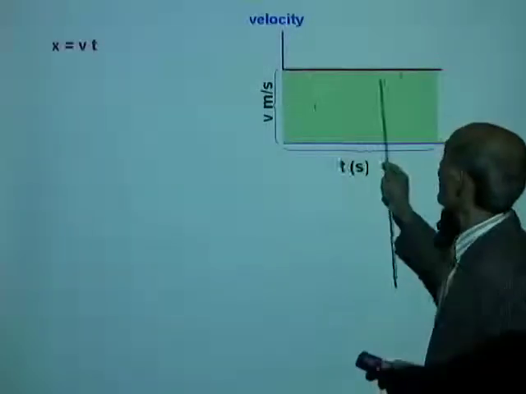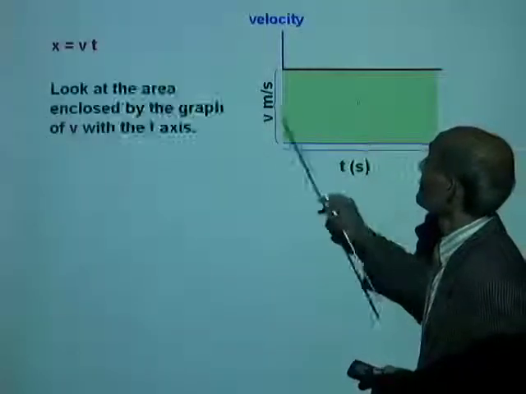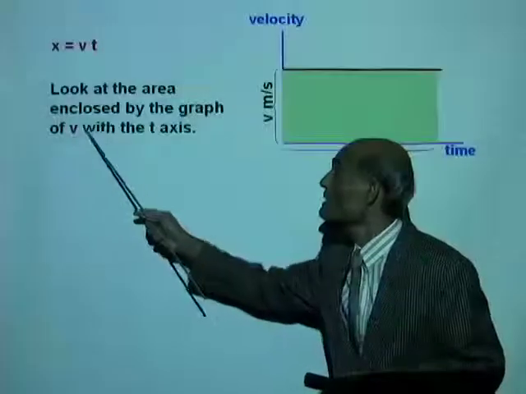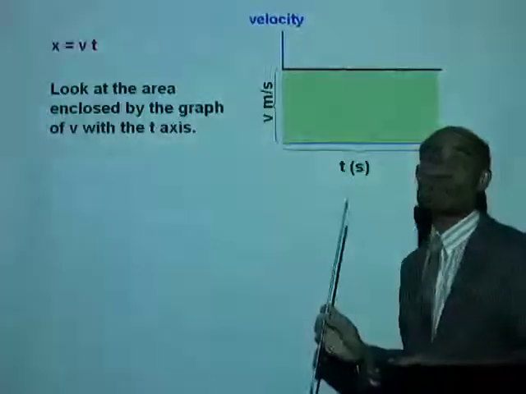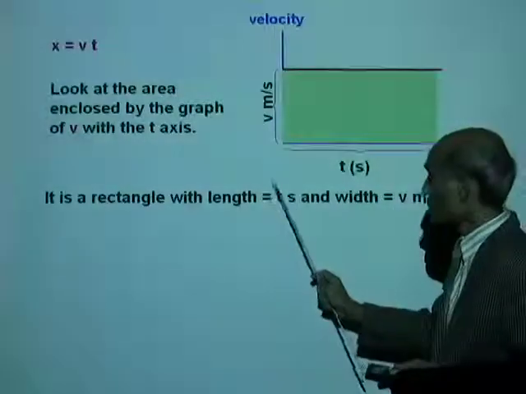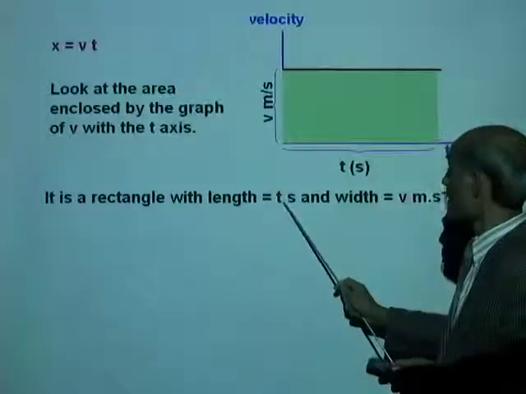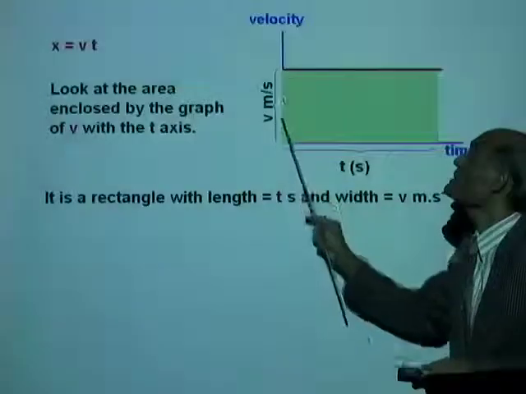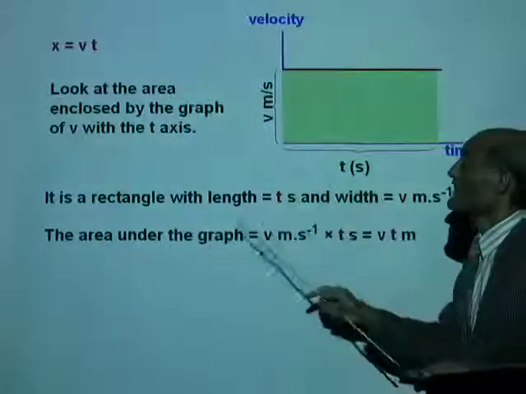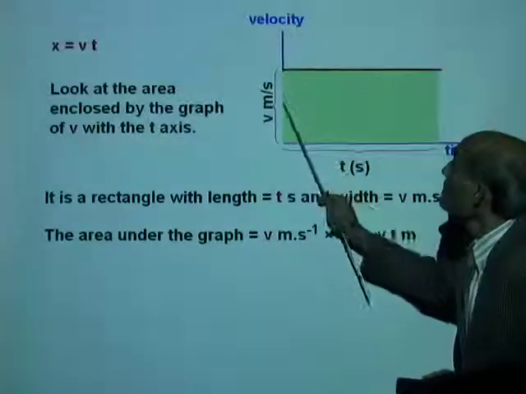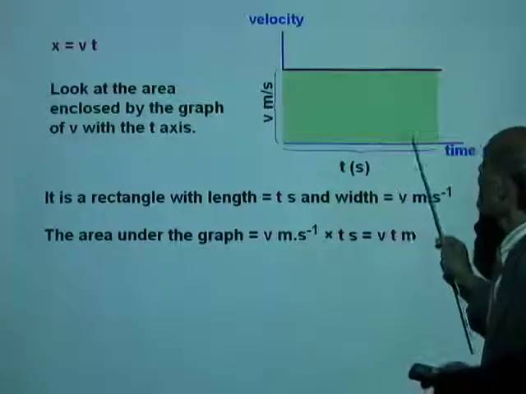So if this is the velocity time graph, the area enclosed by the graph of v with the t axis is a rectangle whose length is t seconds and whose width is v meters per second. Therefore, the area under that graph will be the width multiplied by the length.